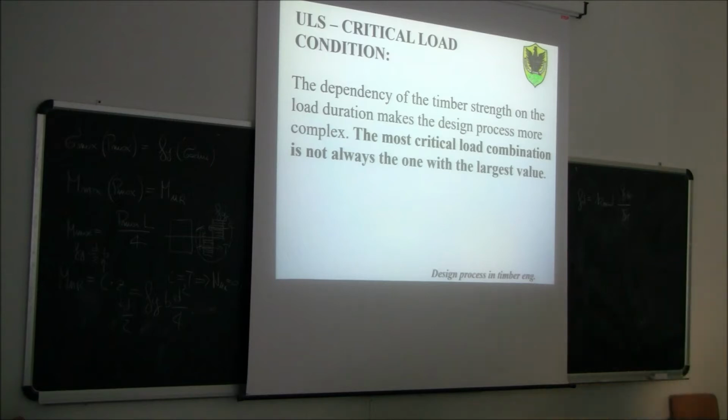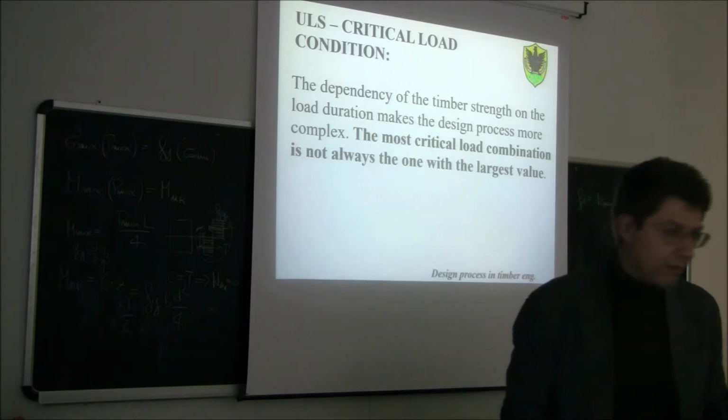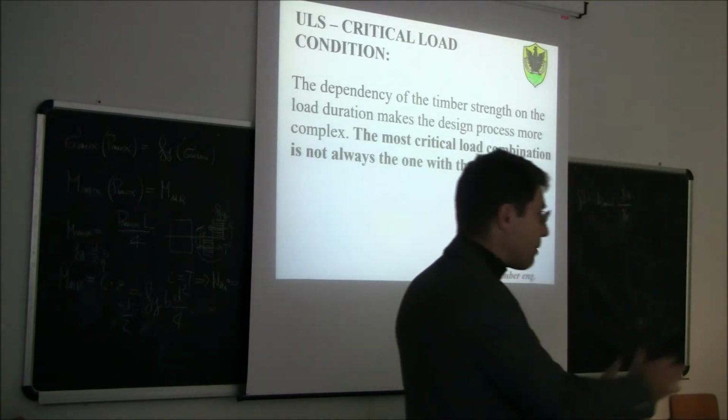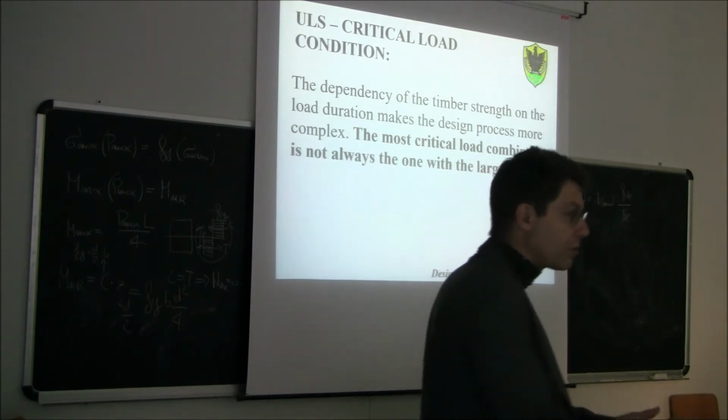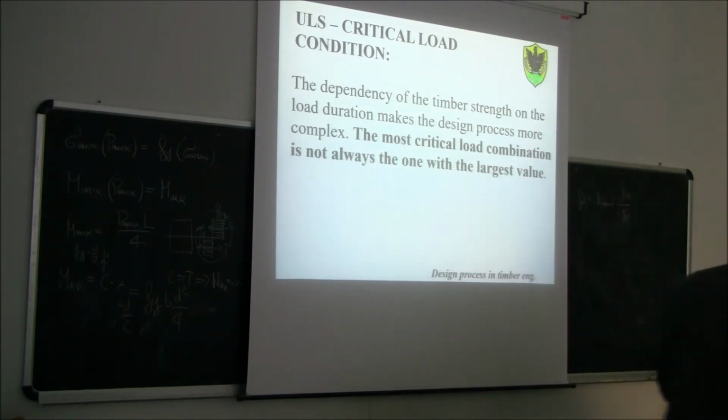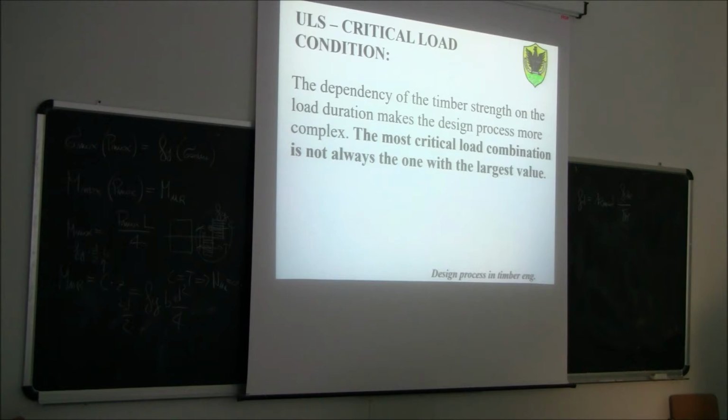If you were designing reinforced concrete for an intermediate floor where you have only the permanent and the variable load, which load combination would you have considered in this case? We're talking about an intermediate floor where you have the permanent load and the variable load, so the load of the people inside. So G and Q. In this case, which load combination would you have considered for reinforced concrete?